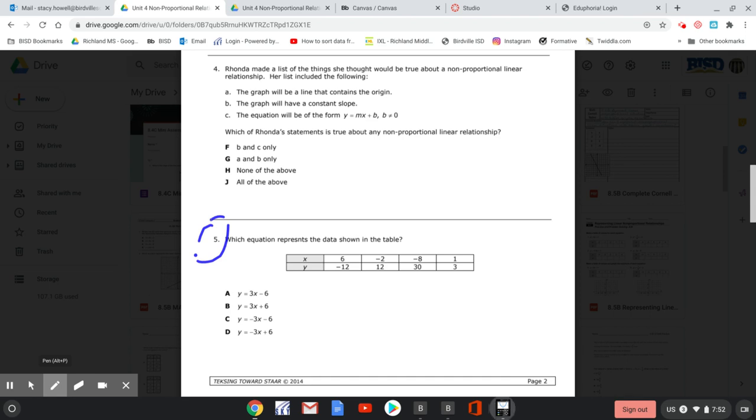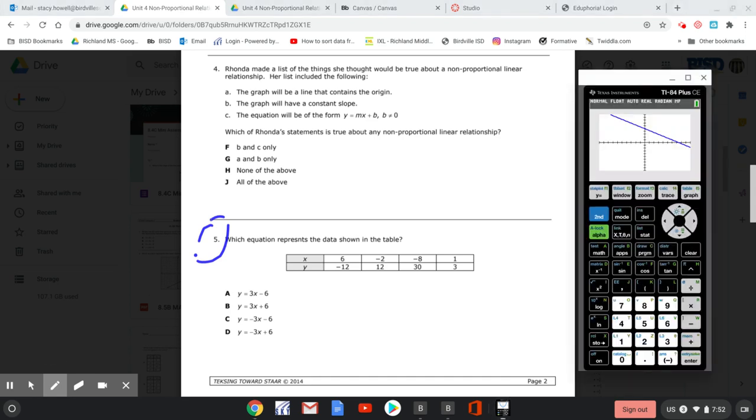And we're going to use our calculator because we have a table. We're going to hit stat, enter, and we're going to put the x in on L1. So I'm going to put 6, enter, negative 2, enter, negative 8, enter, and 1, enter.